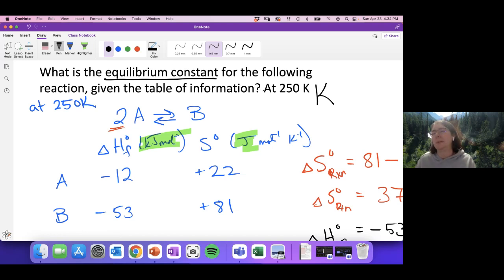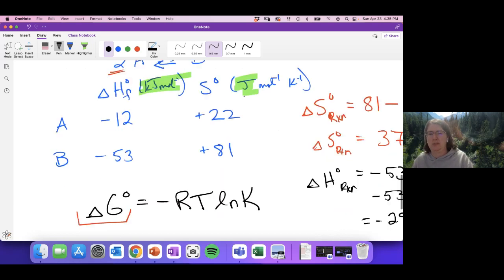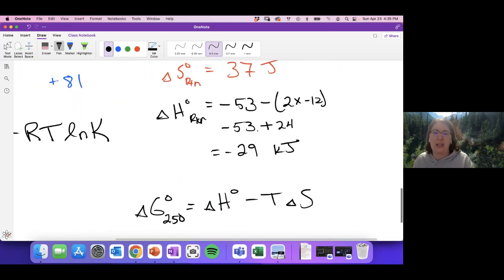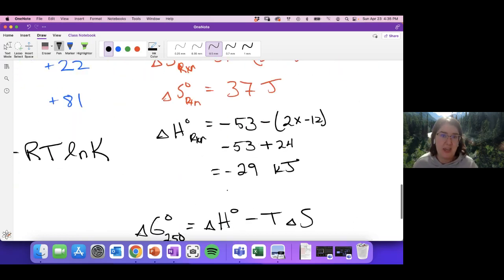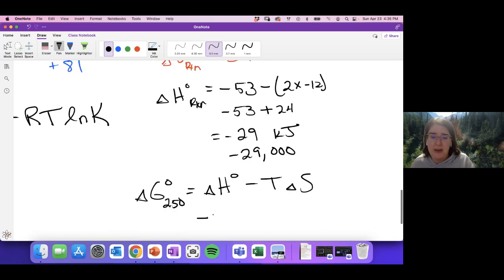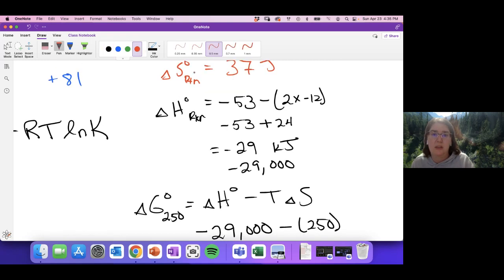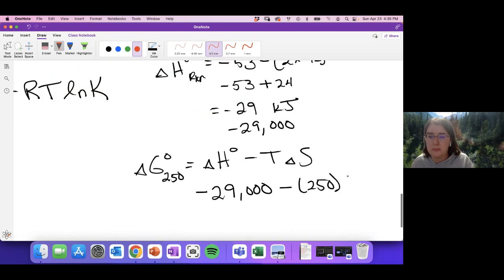We're going to go to joules. Dealing with big numbers is fun, right? So if you can't tell, it does not matter. I'm just going to make this 29,000. You can go either way. It really does not matter as long as you are consistent. Minus 250, that's my temperature, times 37. That was my value of entropy.